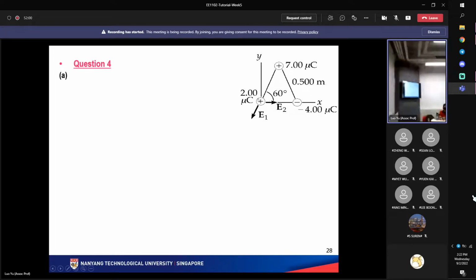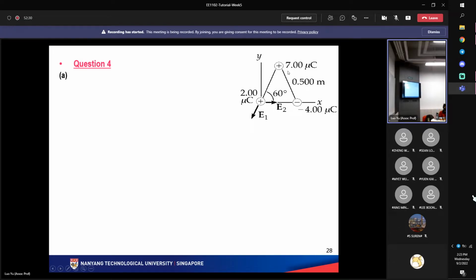So clearly, the charge at this point experiences two different Coulomb forces, right? Or experiences the electric field due to charge 1 and charge 2. So for the electric field exerted on charge 1, the E1 should point to the bottom left direction, right? While the electric field of the negative charge should point to the right.